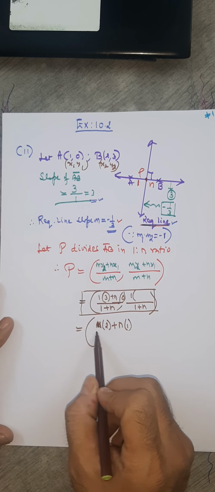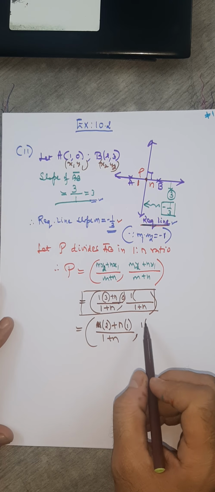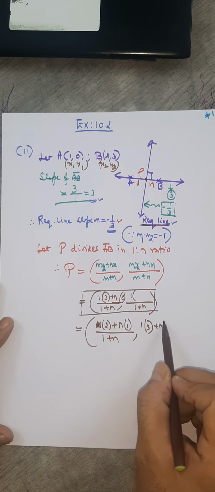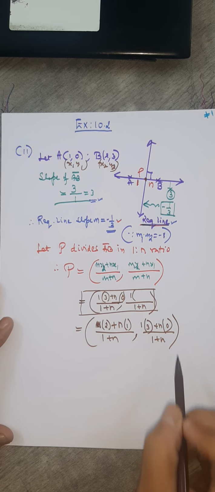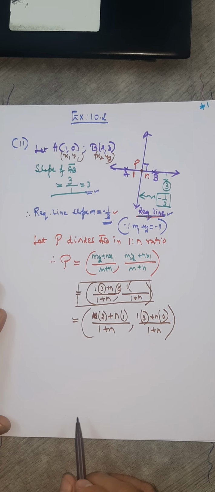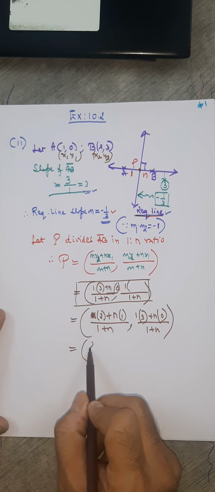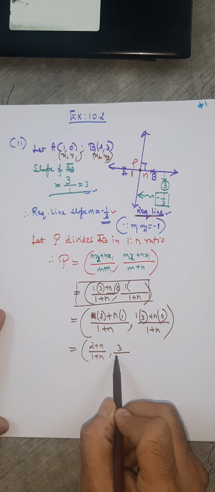What is x1? 1. Upon 1 plus n, comma, 1 into y2. What is y2? 3. Plus n into y1. What is y1? 0. Upon 1 plus n. I'm sorry, I wrote y2 first, that was my mistake. If you simplify, you will get (2 plus n) upon (1 plus n), comma, 3 upon (1 plus n).